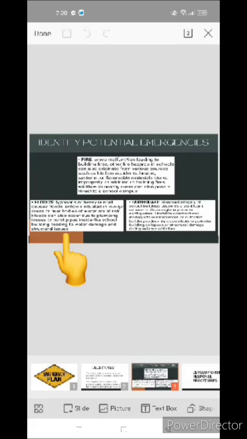And floods can also occur due to plumbing issues or burst pipes inside the school building, leading to water damage and structural issues.